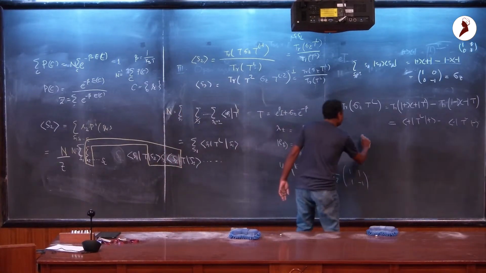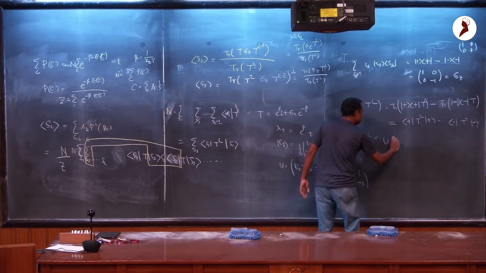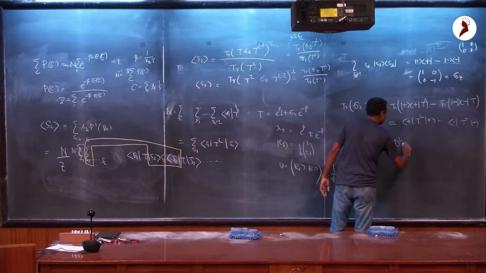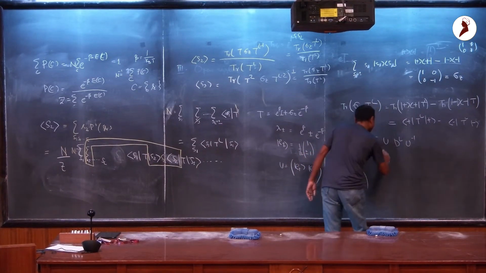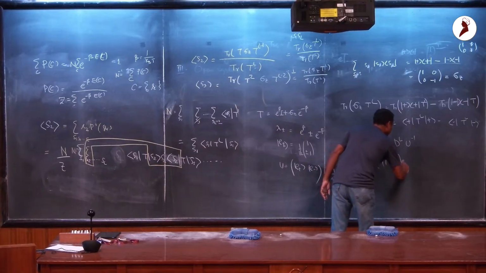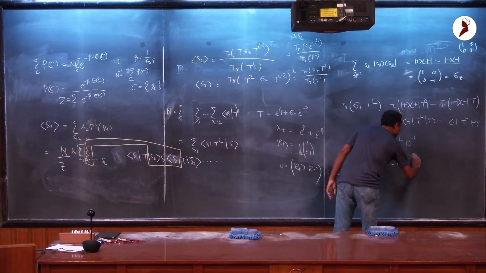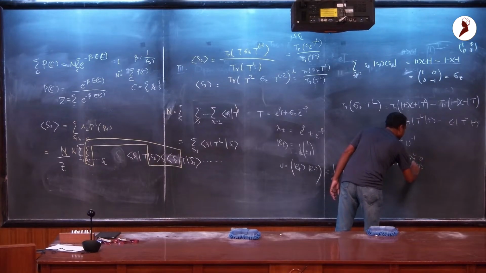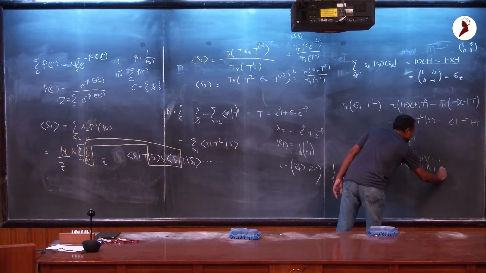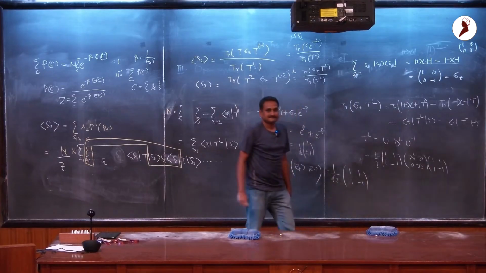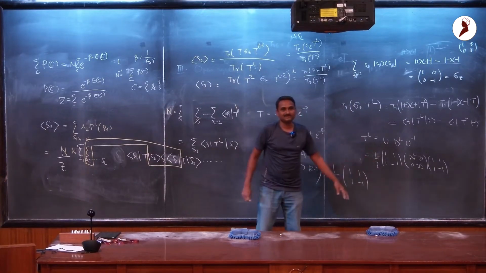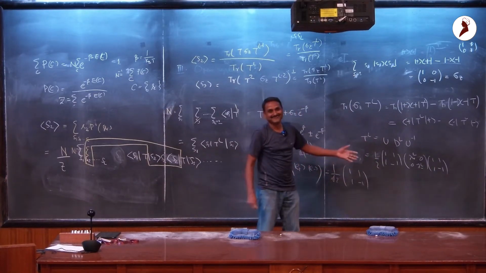And T to the power L equals U D to the power L U inverse. So this is half of (1, 1; 1, minus 1) times diag(lambda plus to the power L, lambda minus to the power L) times (1, 1; 1, minus 1). Okay, and if you multiply, just trust me, I have done this so many times.